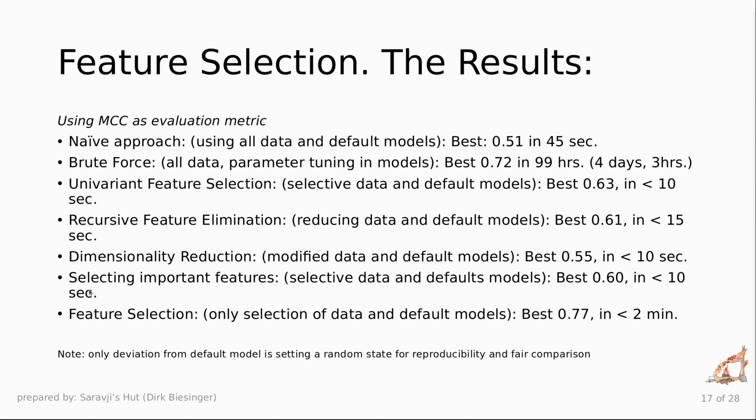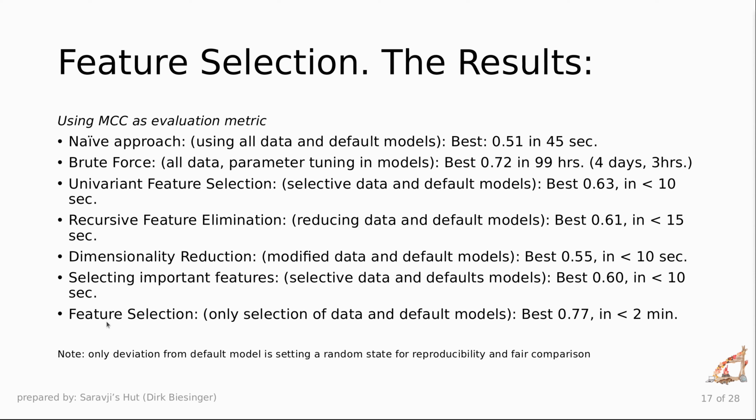Selecting important features using a random forest and an informed guesstimate, I would call it, to subselect the more important appearing features, and using default models without tuning, our MCC gets to 0.60. The actual runtime for fitting the models is less than 10 seconds, plus a few minutes to set up the random forest and do the evaluation.